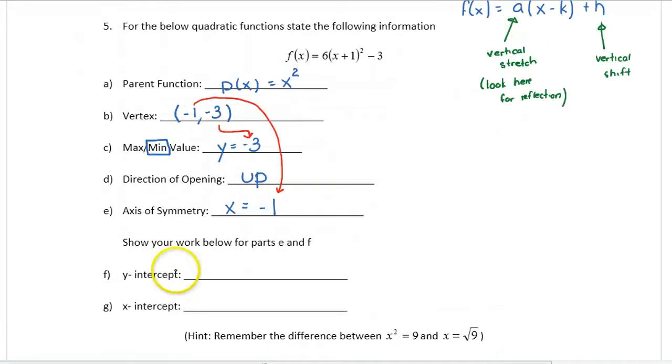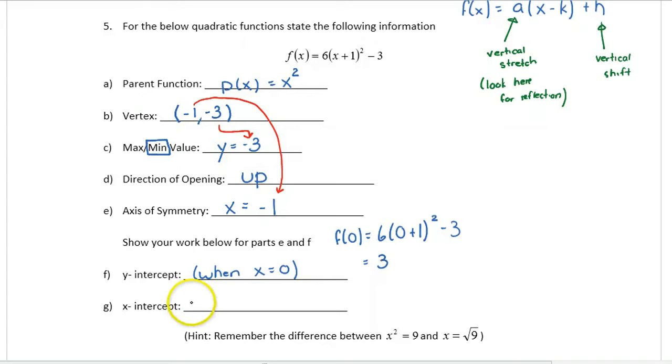Next, we want to calculate the y-intercept. The y-intercept, remember, means when x equals 0. So to solve for the y-intercept, we simply evaluate this function f at 0. So I'm going to do that now. So we have 6 times 1 minus 3, which gives me +3.